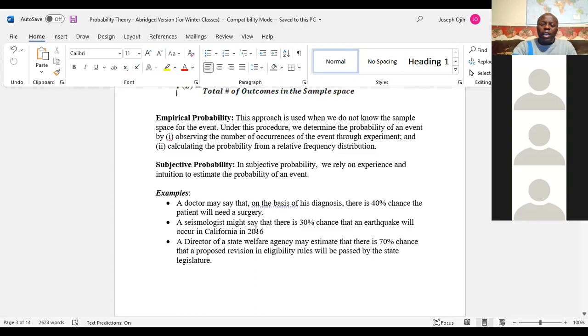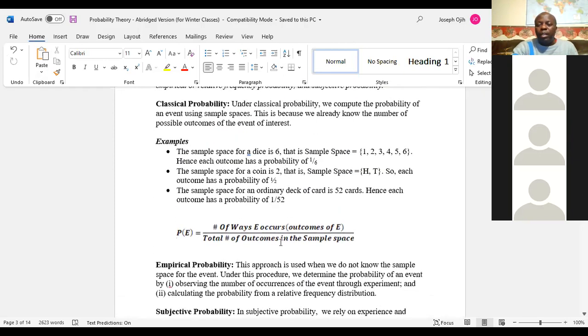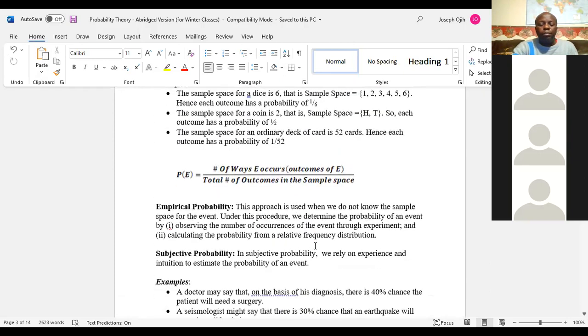Or sometimes a seismologist might say that there is a 30% chance of an earthquake, based on his or her own experience and observation, not from an actual forecasting method. Because of this, we don't use this type. We use only empirical. Now, let us do examples on classical, which is based on outcomes of the sample space.